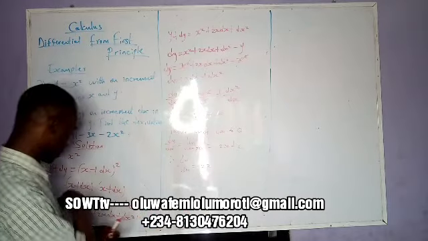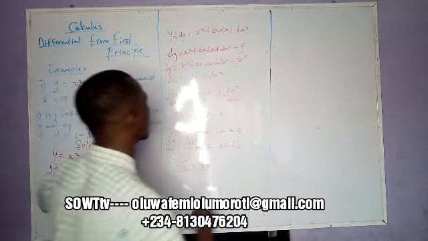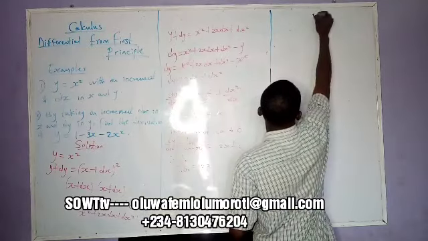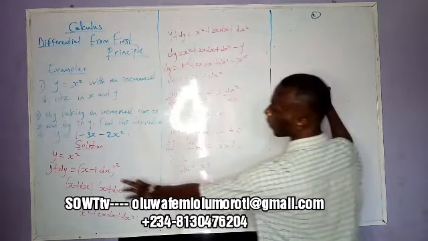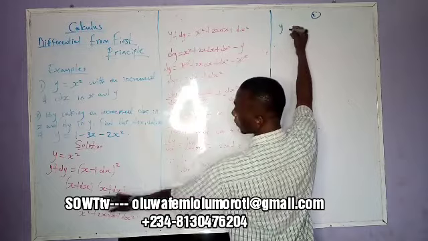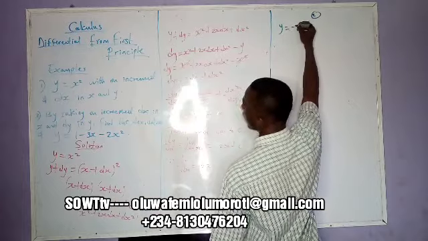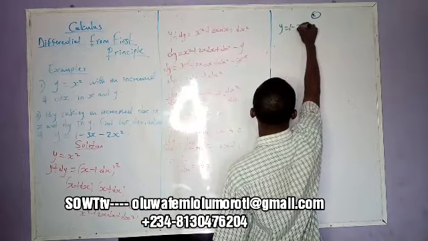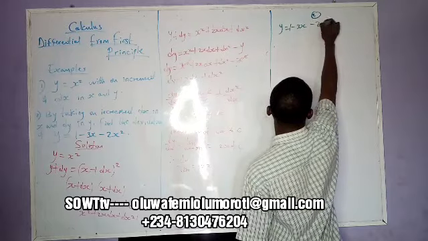So let's look at example number 2 and we solve. Number 2 says we have y equals 1 minus 3x minus 2x squared.